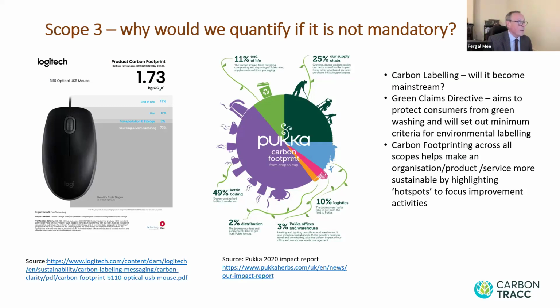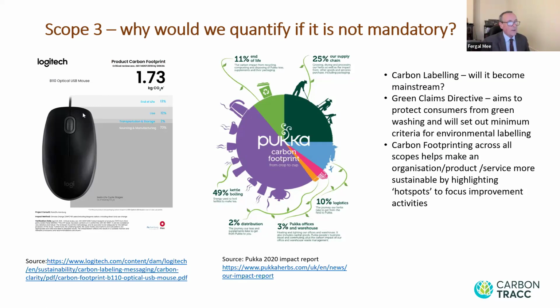A Logitech optical USB mouse, its manufacturing is 1.73 kilograms of CO2 equivalent. You can see that was clearly reviewed according to ISO 14067 of 2018. That's the standard, and such claims can also be verified using ISO 14064 Part 3. That's quite interesting from Logitech, who have a manufacturing location in Cork.